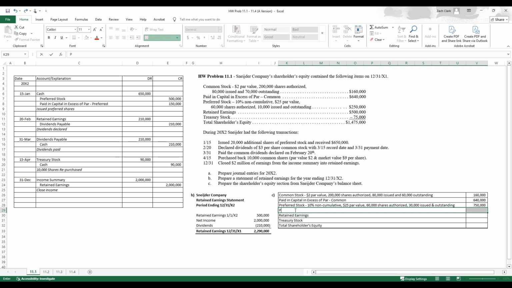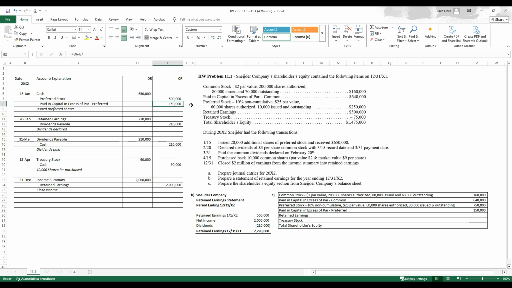So now we have the paid in capital in excess of par, but that's going to be preferred. That's just going to be our 150,000. That's that journal entry. We didn't have any paid in capital in excess of par before, but we added 150,000 in X2, the second year. So we now need to reflect that in our shareholders equity line items here.